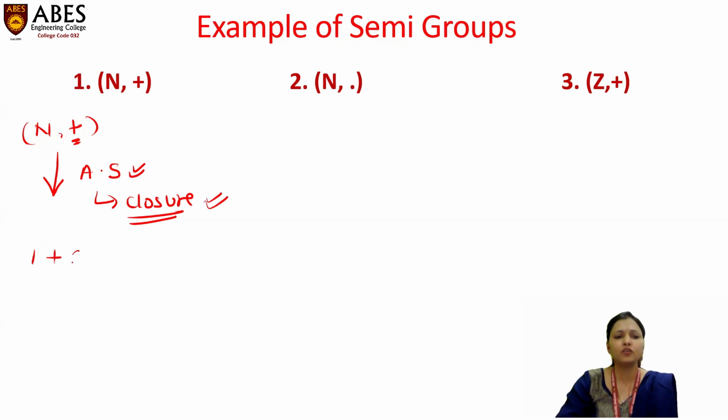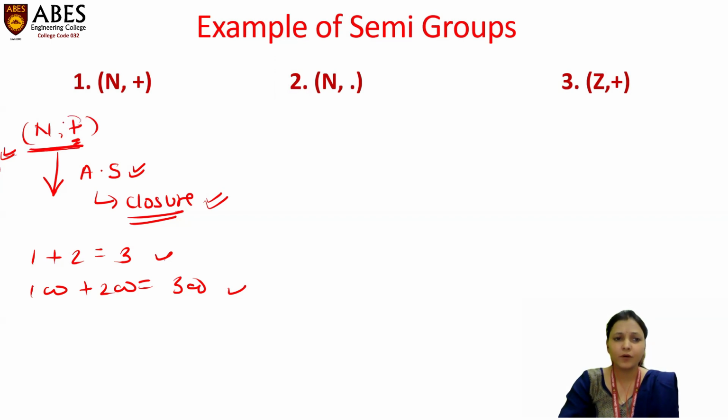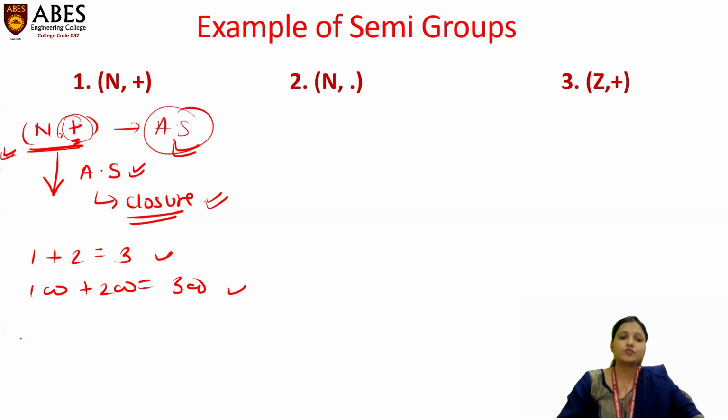So if we consider any two natural numbers, we will always get a natural number. These elements can be anything; if we take any natural number, we will always get a natural number on adding two natural numbers. So the closure property is satisfied. Hence, this is an algebraic structure. Now we will check for the associative property.